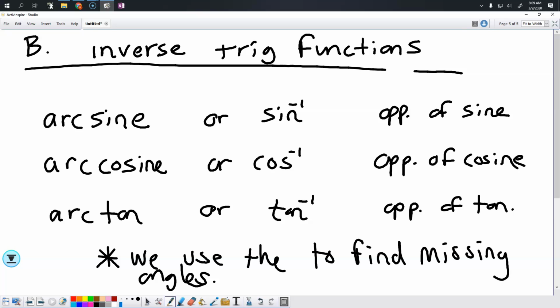Well, you use the inverse trig functions to find missing angles. Okay? We use what to find angles? The inverse trig functions, which are those three things: arc sine, arc cosine, and arc tangent. And I abbreviated this, but there's the whole word. So we use these to find missing angles.